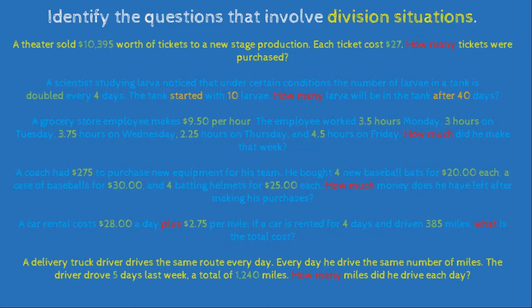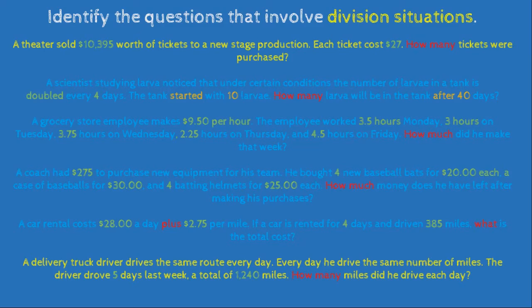A scientist studying larvae noticed that under certain conditions, the number of larvae in a tank is doubled every 4 days. The tank started with 10 larvae. How many larvae will be in the tank after 40 days? So we look at the vocabulary in this case.